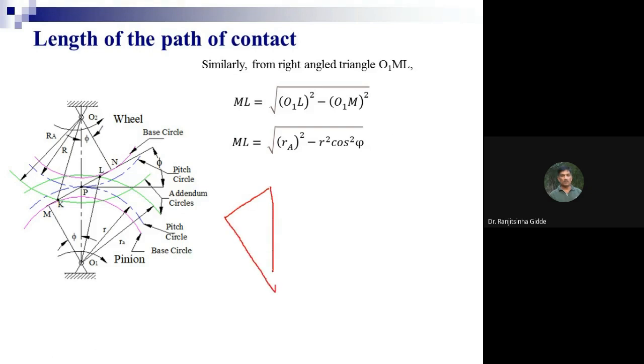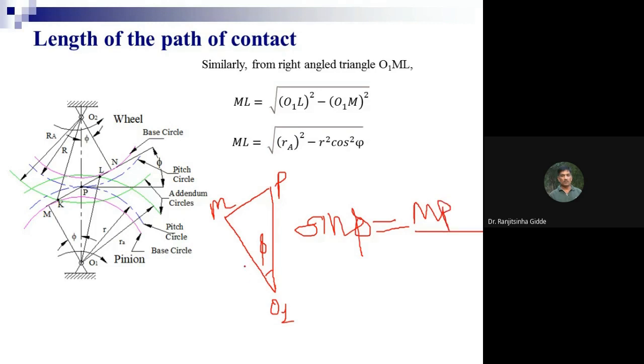So this is the triangle. This is phi. This is M. This is P. And this one is O1. Here we can write sine phi is equal to mp upon this O1p.